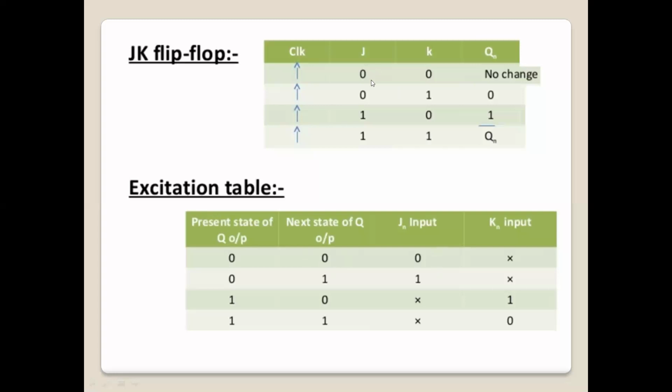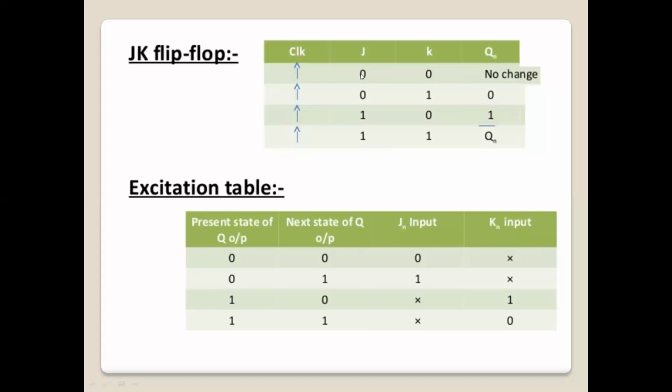So we can see the first condition in the truth table, 0, 0. If J equal to 0 and K equal to 0, and our present output is 0, the next state output will also be 0. So we can say J equal to 0 and K equal to 0. And which is the other one? If J equal to 0 and K equal to 1, that also can be taken for the output to become 0.